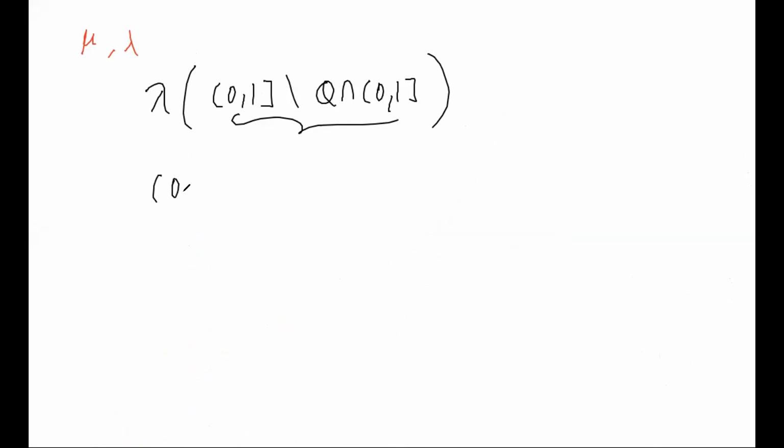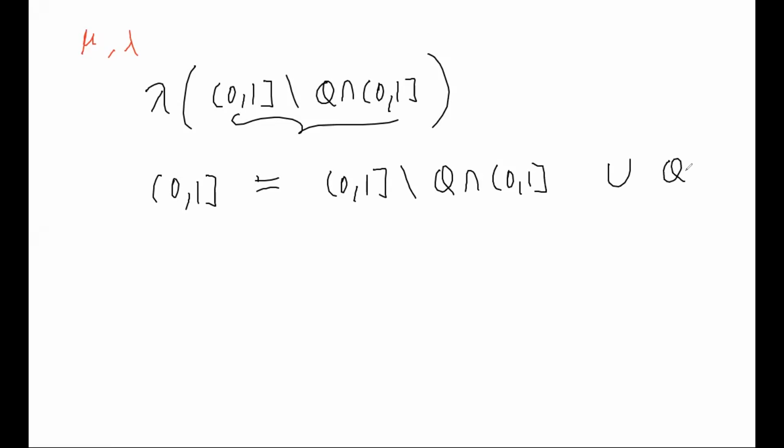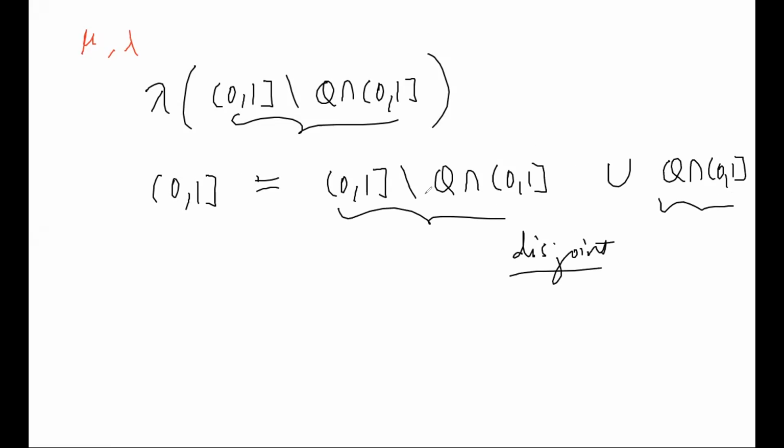Now we start as follows. To measure this set, first we know that our [0,1] set can be broken down into these two sets easily, right? These two sets are disjoint. They will never overlap, right? Agree?